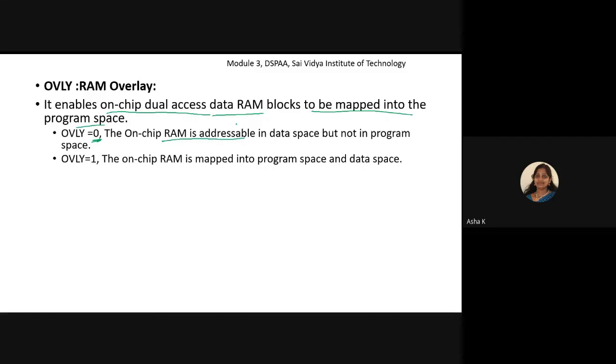If it is 1, the on-chip RAM is mapped into both program space and data space. If it is 0, we can address only data space, but not program space. So that is about the random access memory overlay bit, which is present in the processor mode status register.